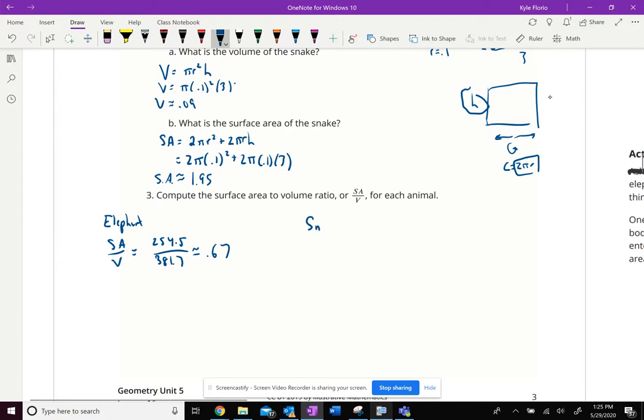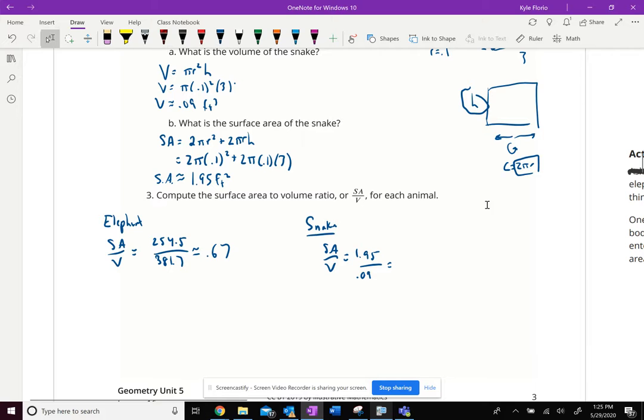If I wanted to do the same thing for the snake, the surface area to volume ratio, well, the surface area is 1.95 square feet, and this was cubic feet, versus the 0.09 cubic feet in volume.